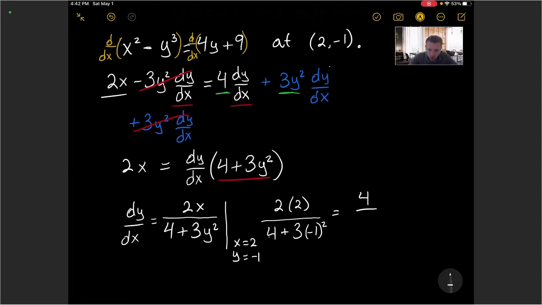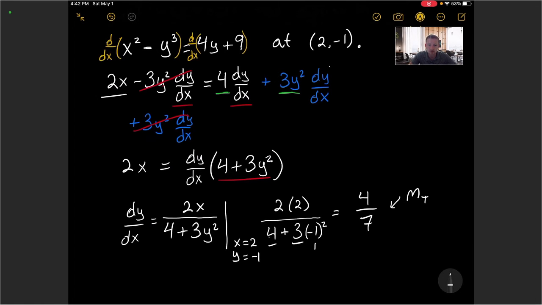That'll just be another 3. So 4 and 3 will just give me 7. So the tangent line slope is equal to 4 over 7. Some would call this m sub t, the tangent line slope.